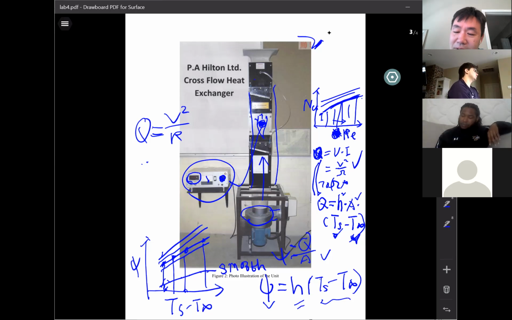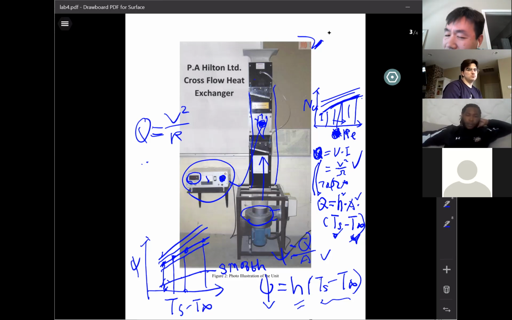But be careful. You need to find the h for the smooth tube with the same flow condition, which means the same Reynolds number. The Reynolds number range for lab 4 will actually be at the higher velocity range. The velocity in lab number 5 is lower than lab number 4, obviously, because of so many tube bundles, the velocity is slower.